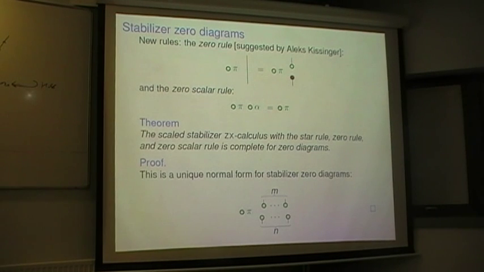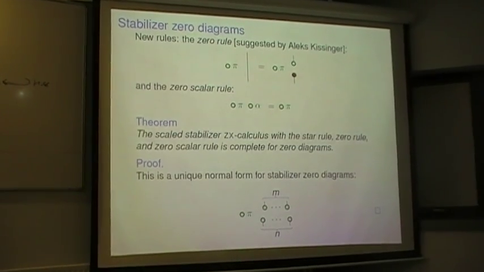And using those two rules, we can now define a normal form for zero diagrams in the stabilizer ZX calculus. There is just a single zero matrix for each number of inputs and outputs, so there's just one n by m matrix that's filled with all zeros. So there should be exactly one normal form for zero diagrams, determined by the number of inputs and outputs.